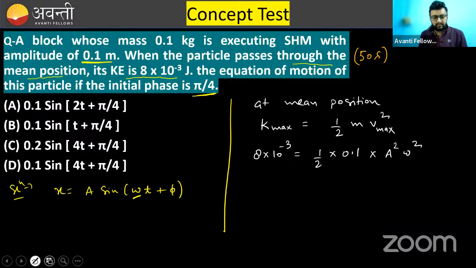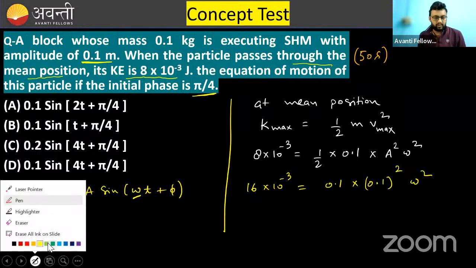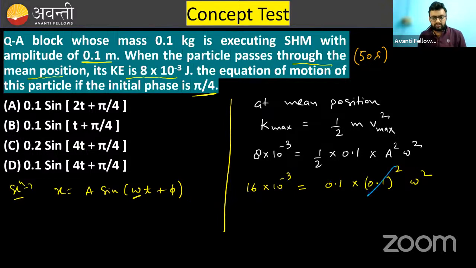It will become 16 into 10 raised to the power minus 3 equals 0.1 into A, which is 0.1. If you square it, it will become 0.1 raised to the power 2 omega square. Can you see it? This is 10 to the power minus 2 and 10 to the power minus 1, that is 10 to the power minus 3. These two terms will cancel 10 raised to the power minus 3. So omega will be 4.